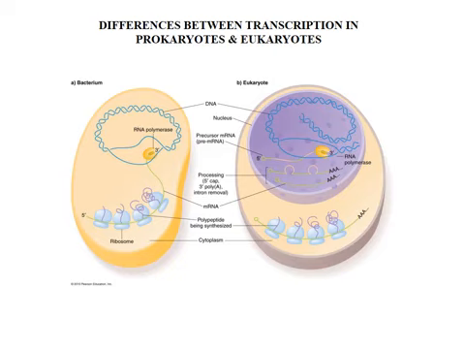Another difference is that RNAs are released and processed in the cytoplasm in prokaryotes, and in eukaryotes the RNAs are released and processed in the nucleus.